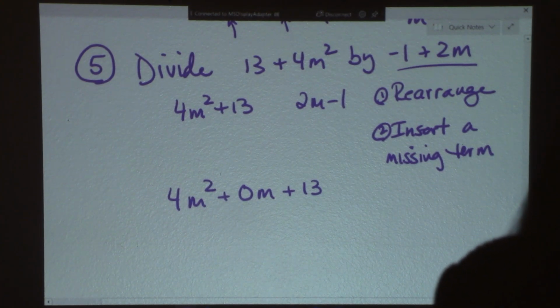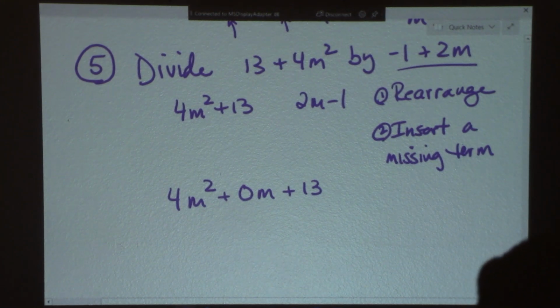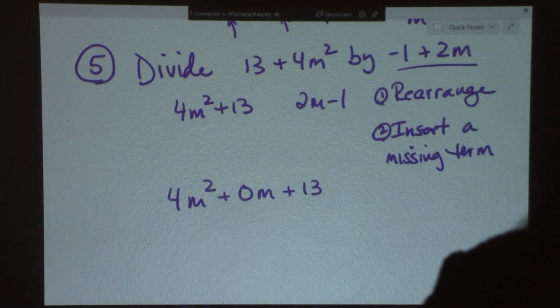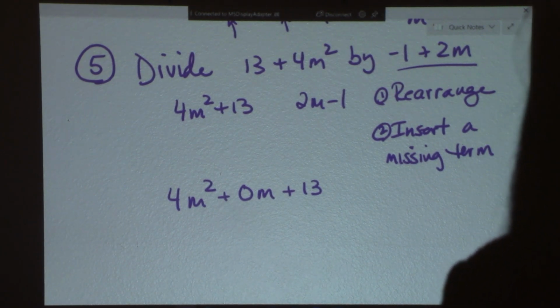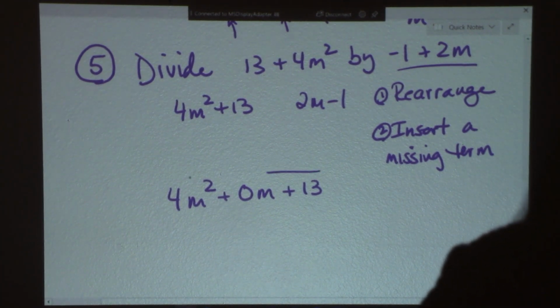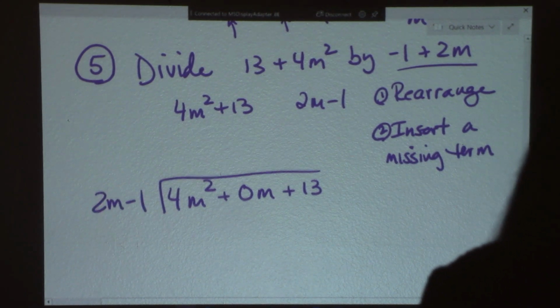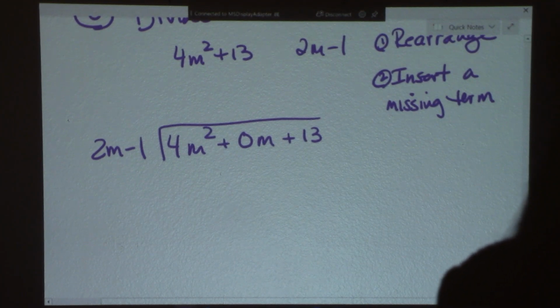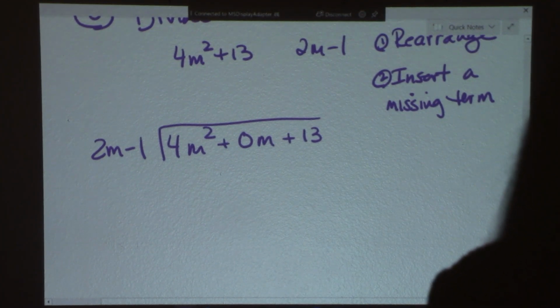So this now is a placeholder and will help us in case we need the m term. It doesn't change the value because it's 0, but it does actually put a physical term in the problem. And now I'm going to divide by 2m minus 1. Okay, so now you're going to see how this helps us and why it's important.